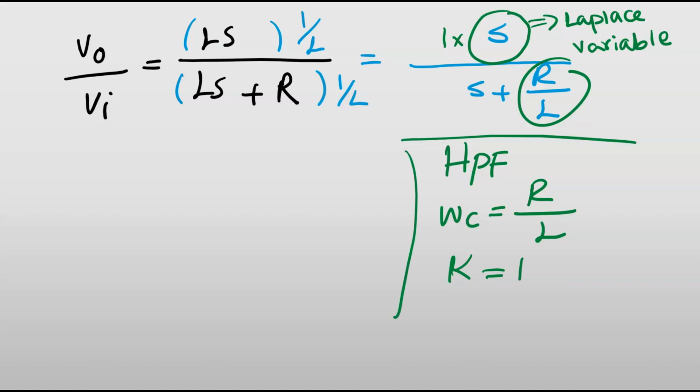Now I'm going to make a table and I'm going to show you all the conclusions. So let's assume that we can make our circuit with a capacitor or an inductor. So we can have an RC or RL circuit.